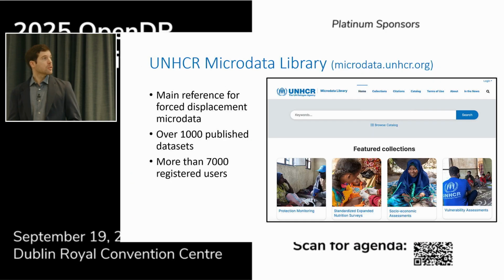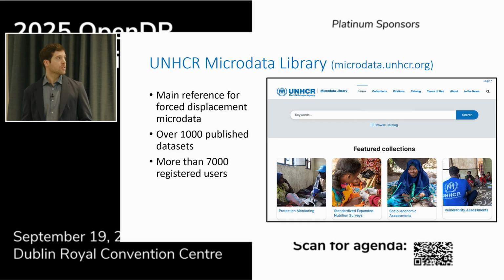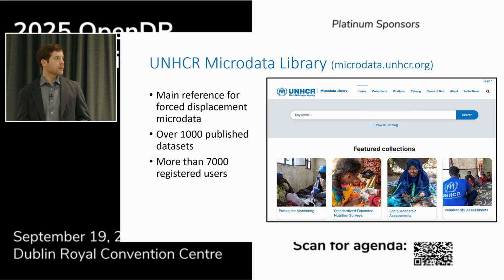So 5 years now, we have the UNHCR Microdata Library online, which is a website. Everybody can go there and browse all the available microdata from UNHCR. They can request the data set, download the data sets, and work to produce research, inform policies, do whatever they want.